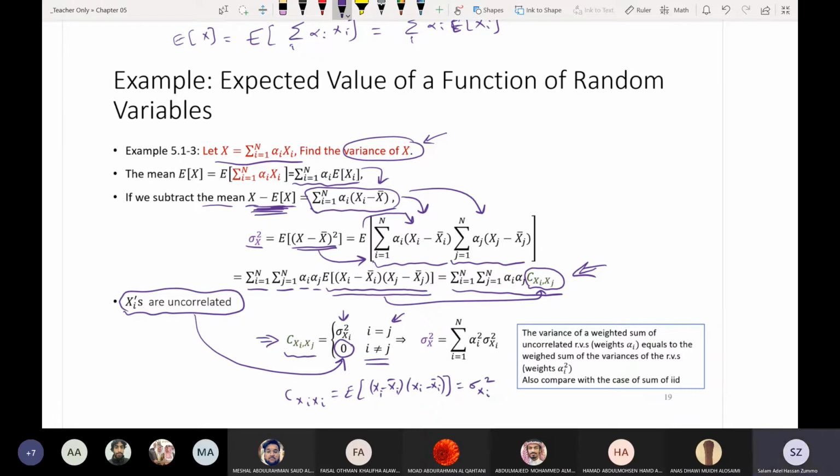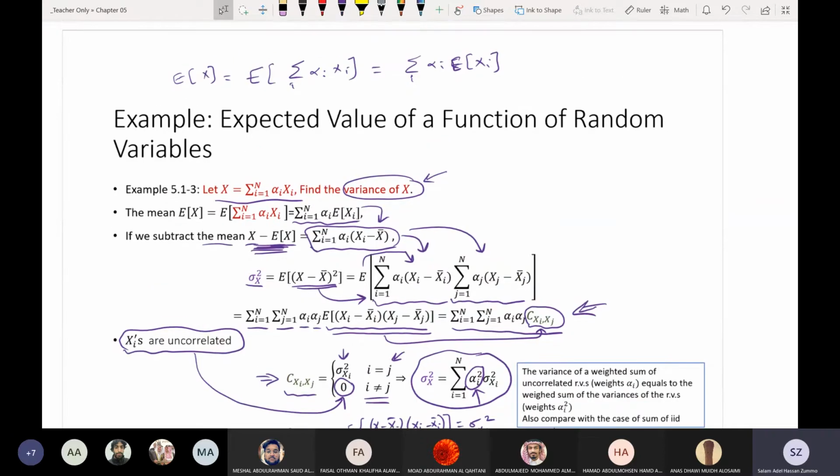Okay, so what I get is, for uncorrelated xi's, the variance of the weighted sum x equals summation of alpha i xi is equal to the weighted sum of the variances. However, the weights here will be alpha i squared, not alpha i as in the summation.